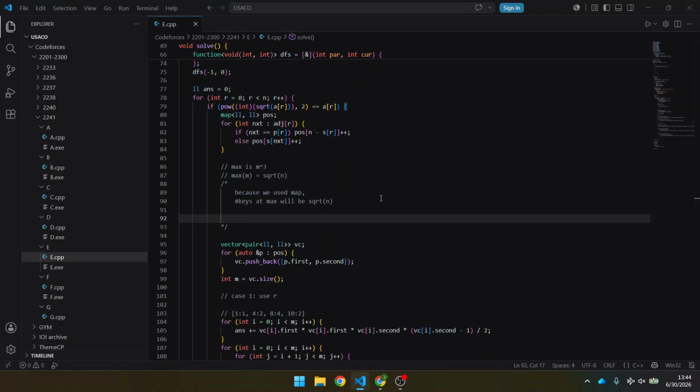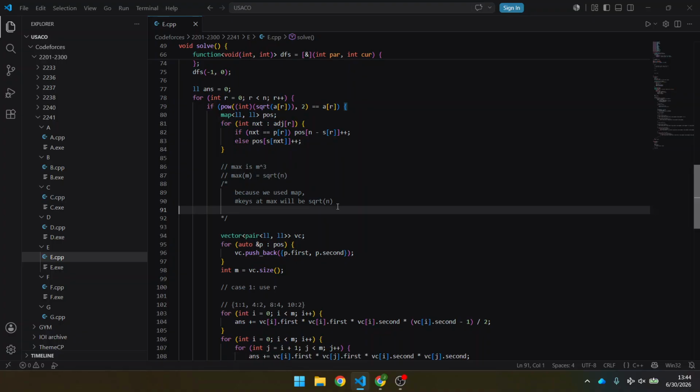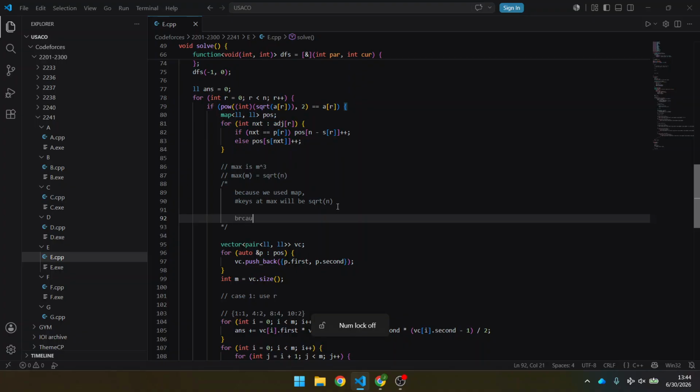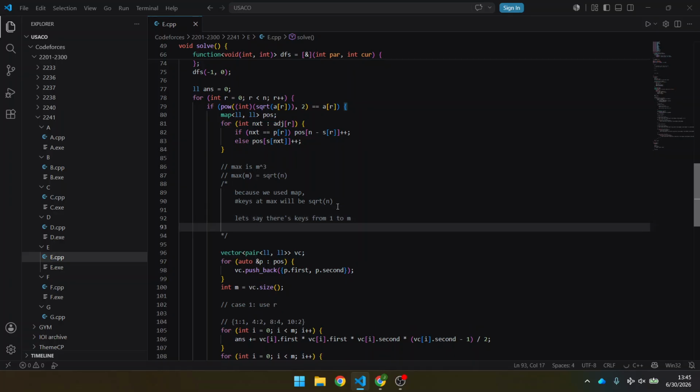Okay, because let's say here's keys from 1 to M, right? Then the least number of nodes counted is 1 plus 2 plus dot dot dot all the way to M. So which means the values are all 1.